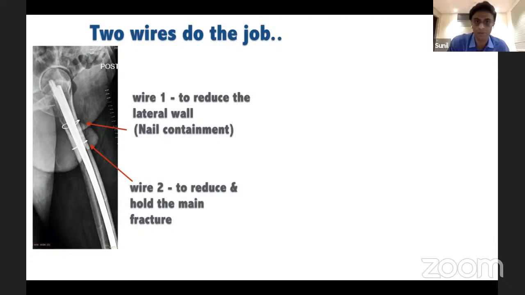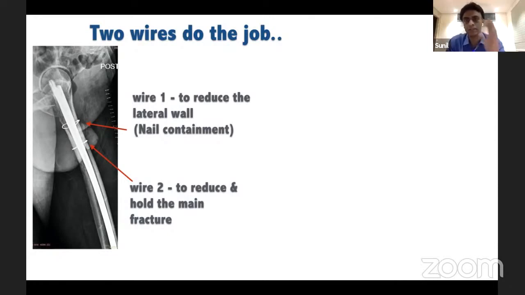So in this case, we used 2 wires. One was to reduce the lateral wall to the proximal fragment in order to contain the nail. If you have a lateral wall fracture and you want to keep that, and you want to use a nail, you have to make sure the nail is contained. If you have a lateral wall fracture that is undisplaced, attached to soft tissues well, then you do not have to worry about it as long as your nail is contained.